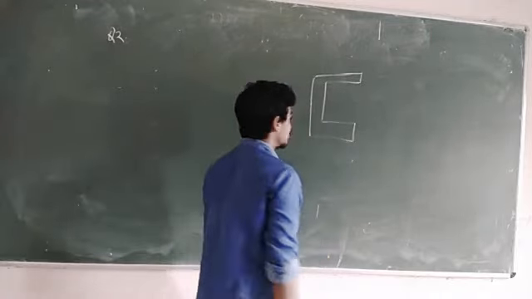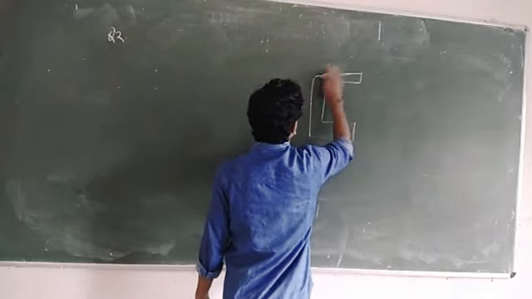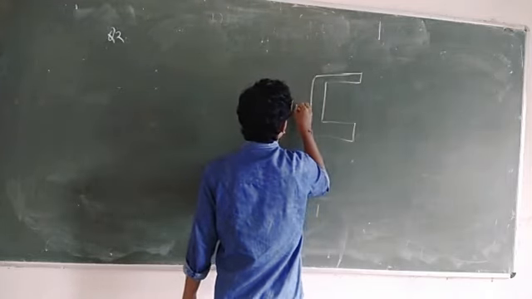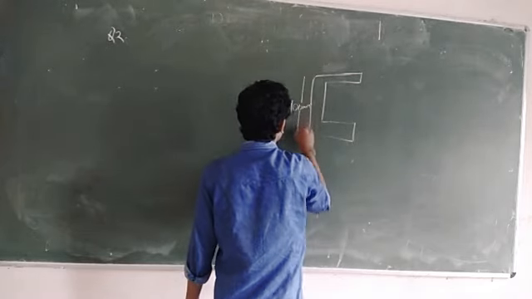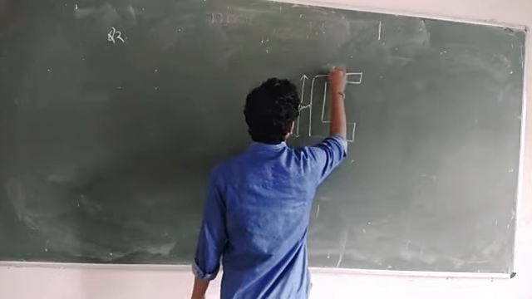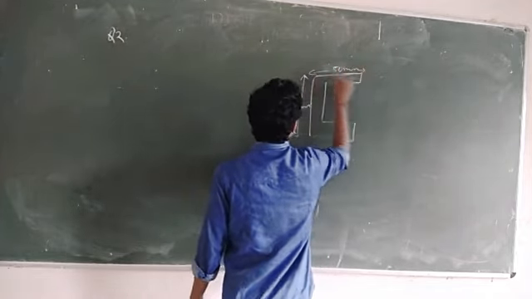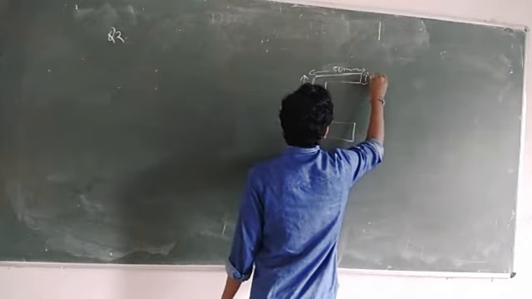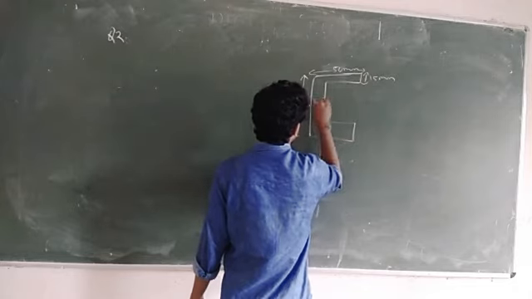This is the channel section. Suppose this distance is 150 mm. Suppose take 100 mm, this one. This will be suppose 50 mm. This is suppose 15 mm, so this will also be 15 mm.